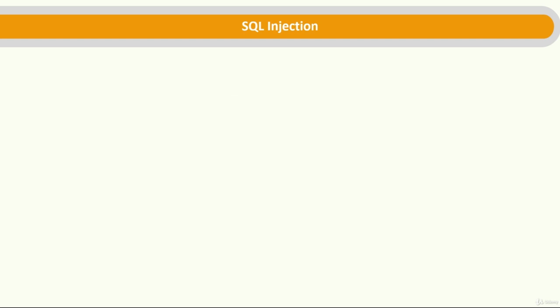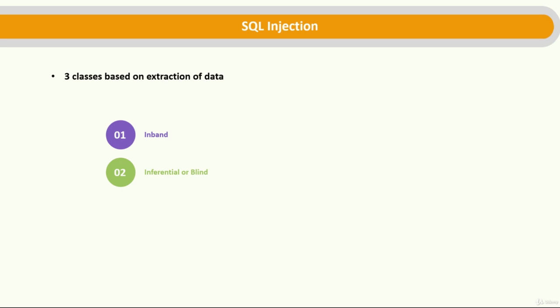So anyway, we can divide SQL injections into 3 classes based on the extraction of data. Inband. So this is the most straightforward injection attack in which retrieved data is presented directly in a web page. Inferential or blind.